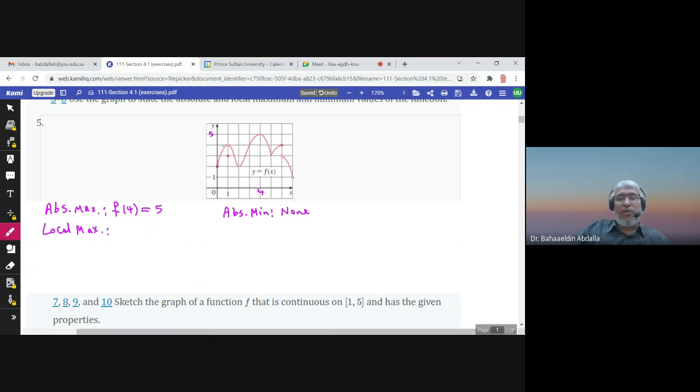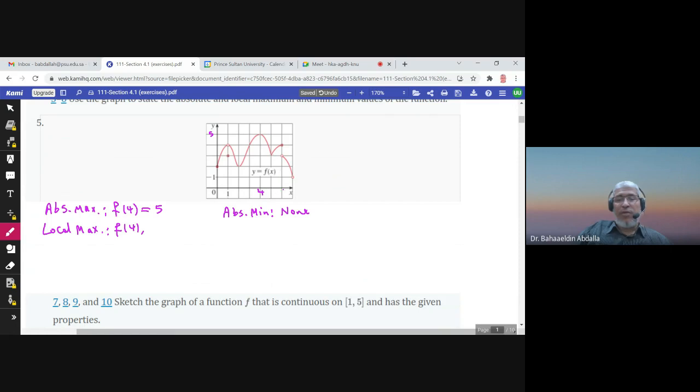Well, this point is an open circle, so it is not a local maximum. F of 4, of course, is a local maximum plus absolute maximum.